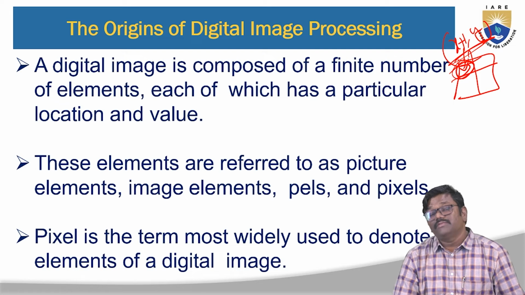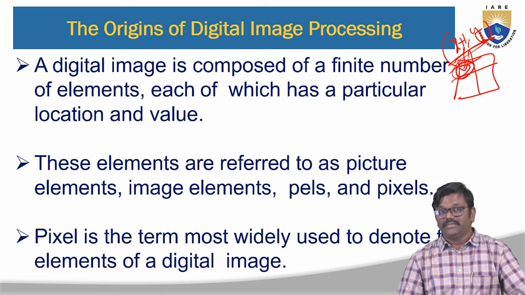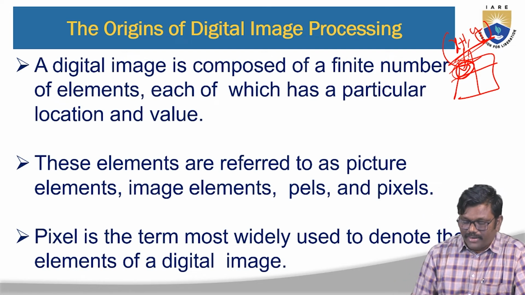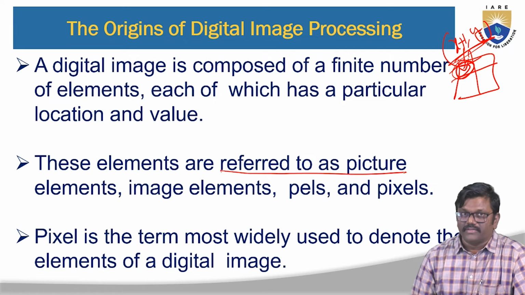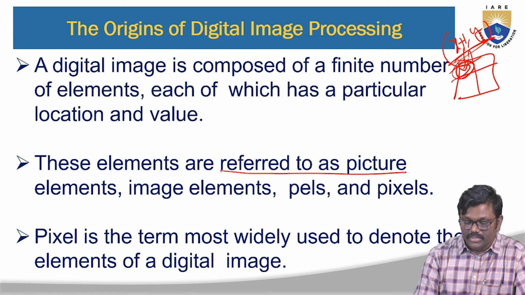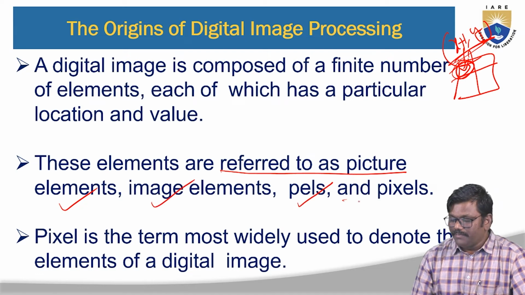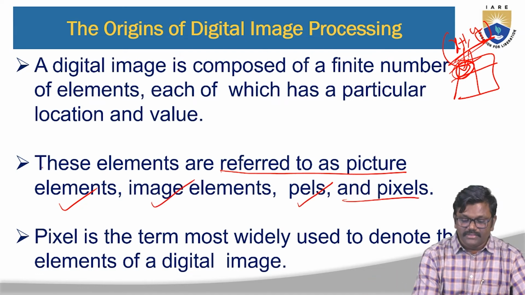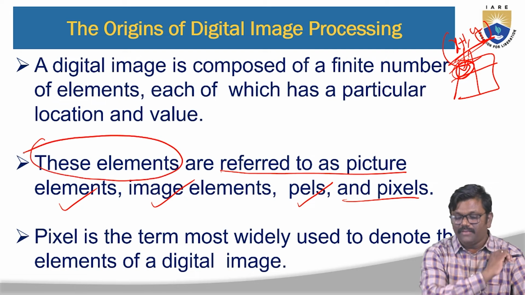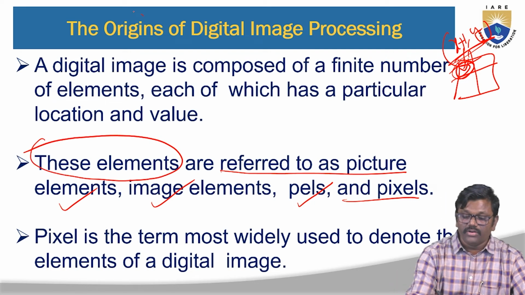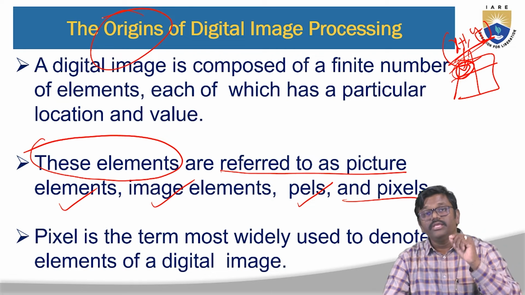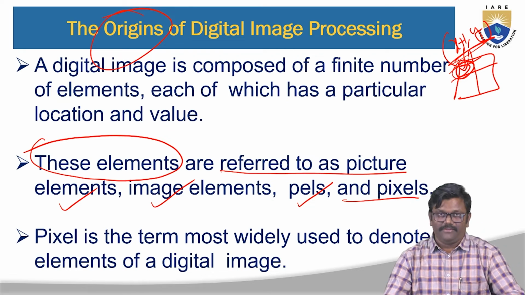We can understand that elements are referred to as picture elements, image elements, pels and pixels. These are the elements that help us find out the origin of the particular image pixel value.